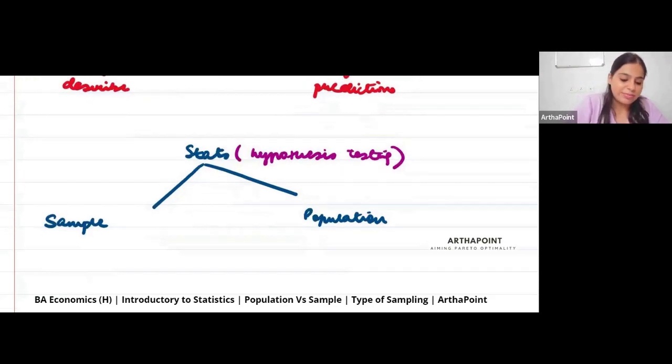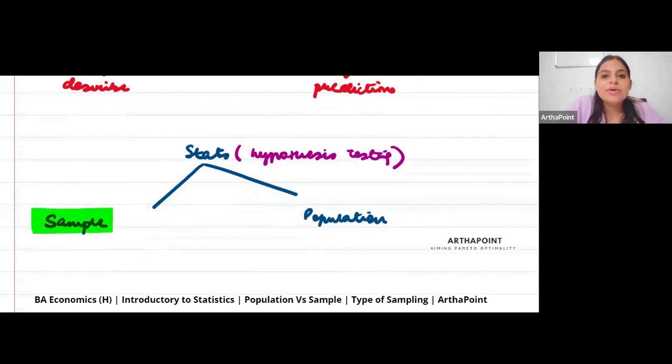Let's talk about samples first. A sample is some part of the population. Population can be said to be in its entirety. It refers to everything possible, all.